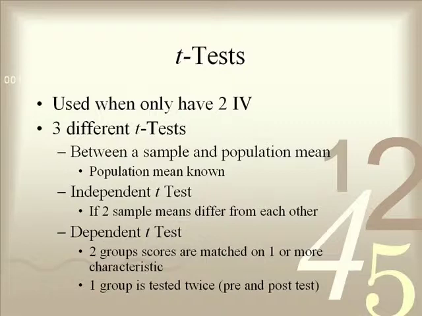Again, a population is every single individual in a particular population. So if we knew the mean for every single basketball player in the world on free throw attempts, then we could use that particular type of T-test. Well, we don't know that mean for every single basketball player and their free throw mean. So what I'm trying to get to is we don't use this particular type of T-test very frequently.